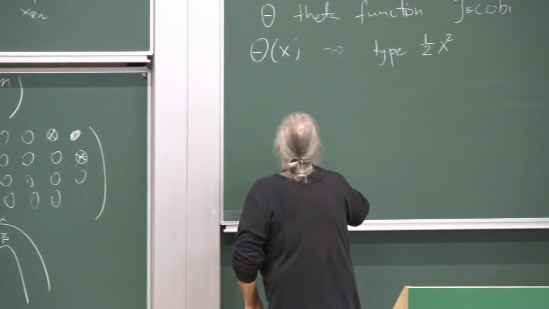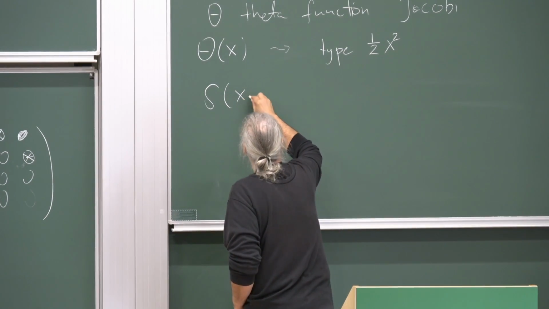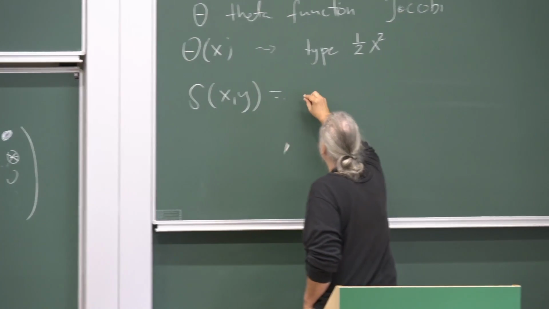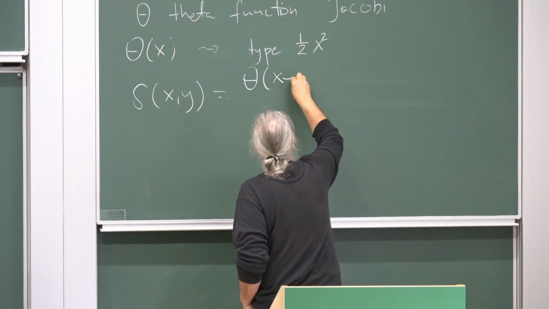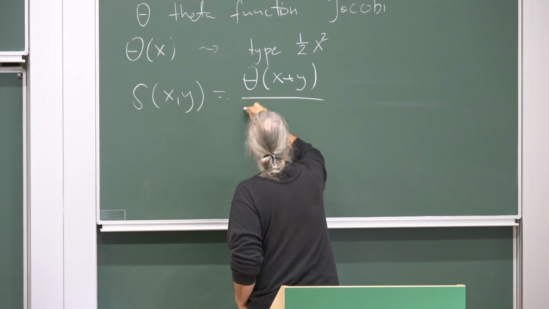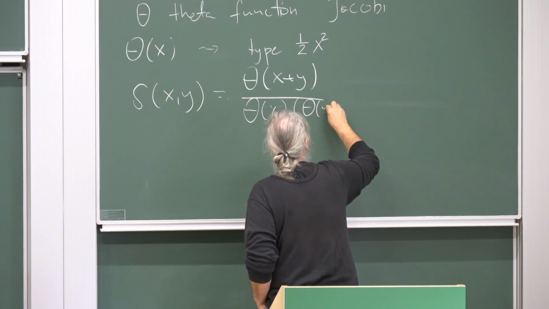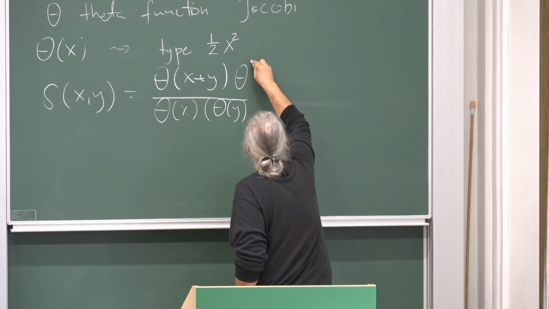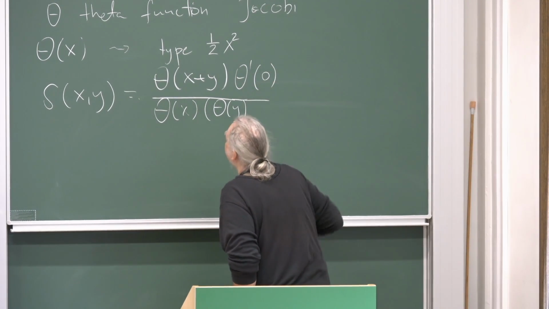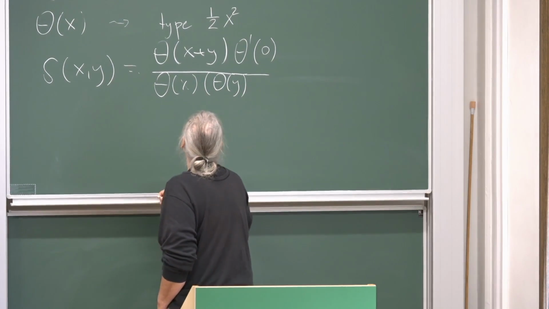And then I will use the delta function of x, y. So this is theta of x plus y over theta x, theta y, and so this does not depend on the normalization. So what is the type of this function?